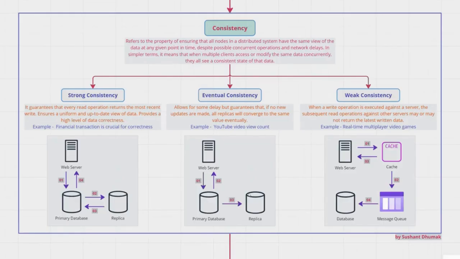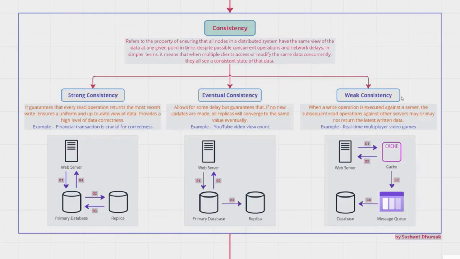Let's look at the last type. There are more types of consistency. It's not just these three. I think there are 7 or 8 types. But I thought of discussing these because most of the time, if you see anyone discussing this, they will talk about strong and eventual consistency only. No one will talk about other consistencies.